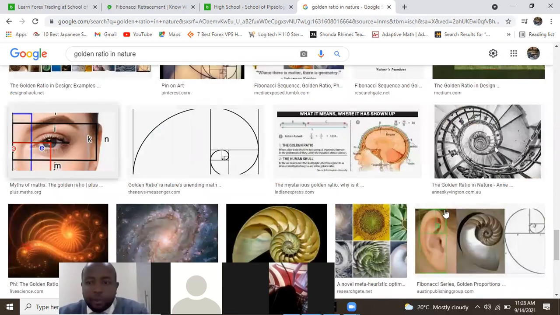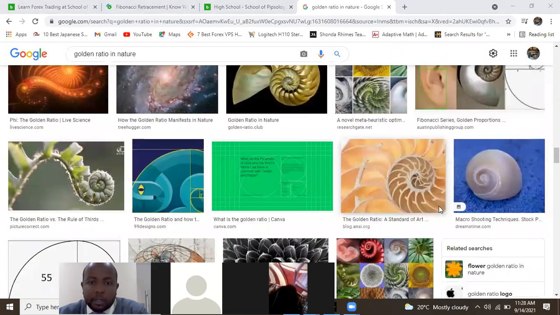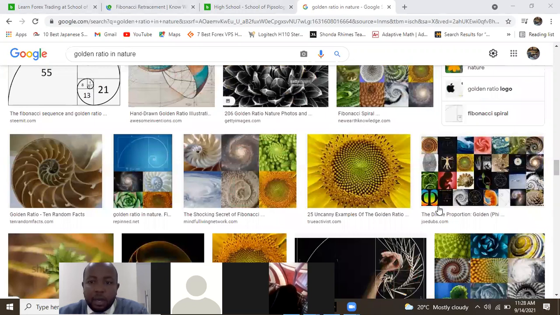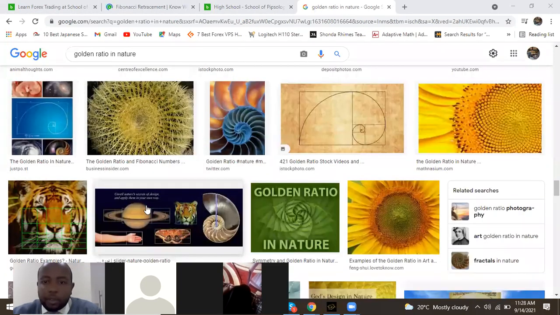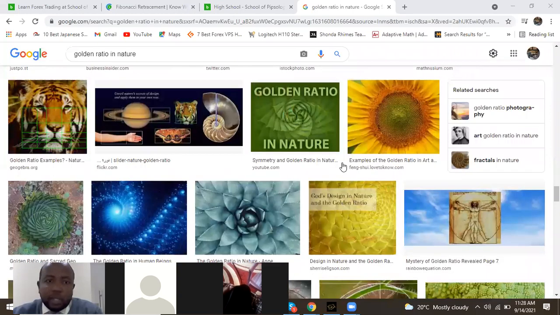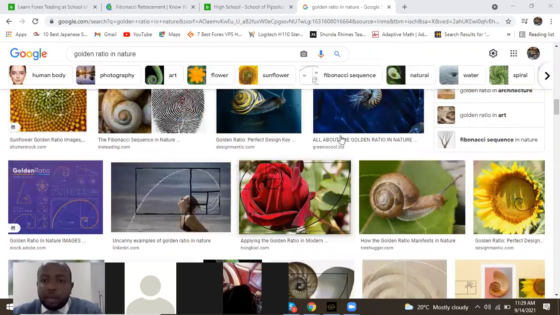Even your ear, going like this, this is Fibonacci. Just check Google, write golden ratio in nature, then you're going to see what mostly I'm talking about.